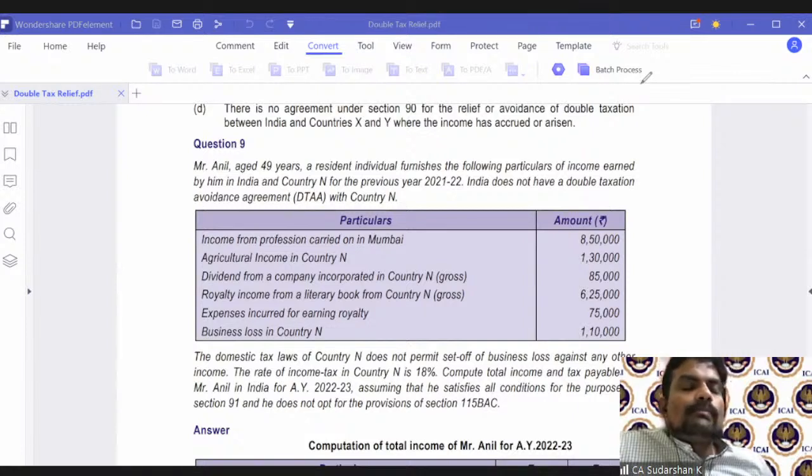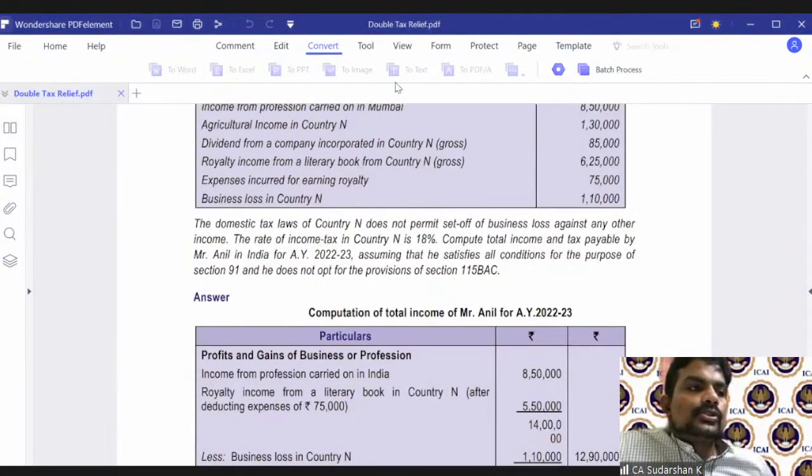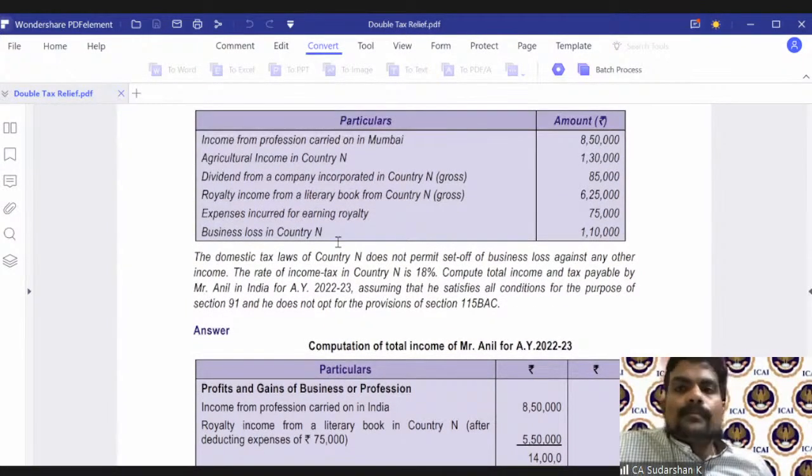And there is also a business loss in another country. So a question that comes about is, should I set off this business loss? These are some of the interesting aspects you will come across normally in foreign tax credit on a practical level.